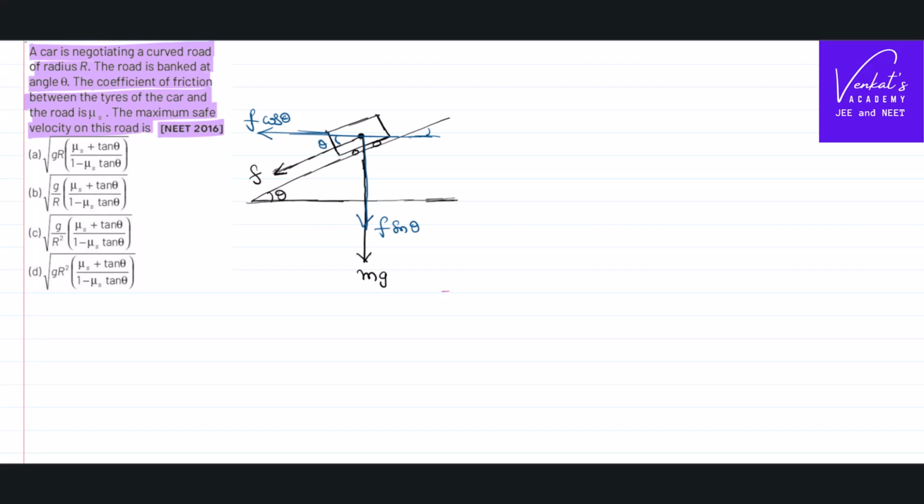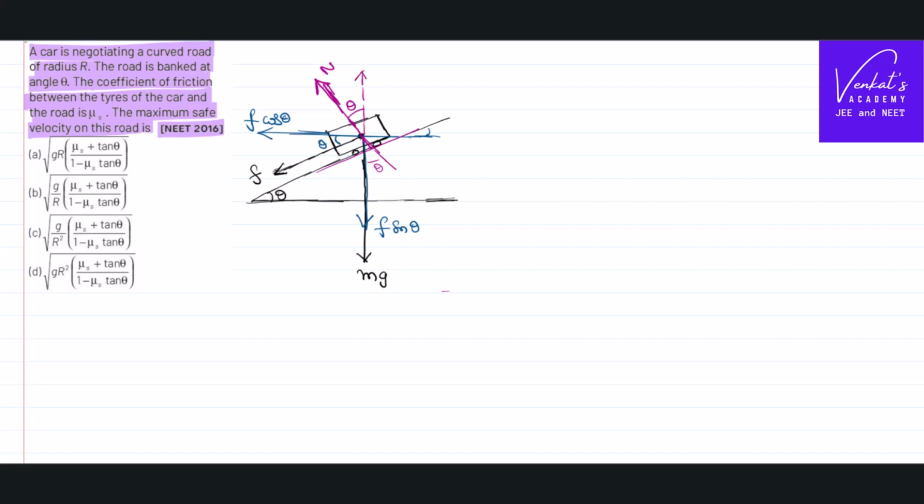Now, as the body has some weight and pushes the floor downward at an angle, that is an action, and there will be a reaction too. That reaction is called the normal reaction, N. That N also can be resolved into components. As this angle is theta, this angle is also theta.